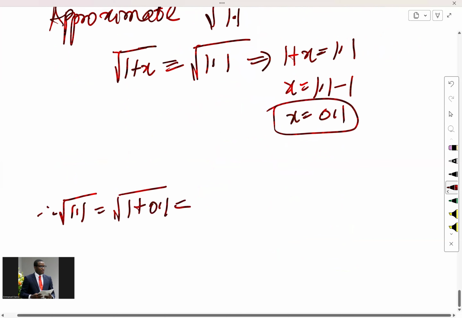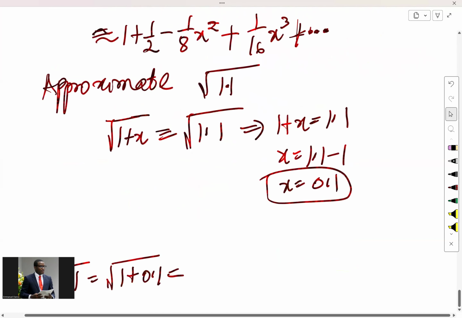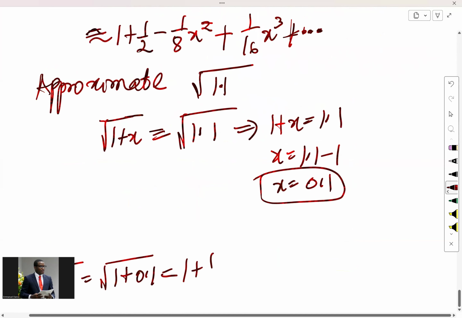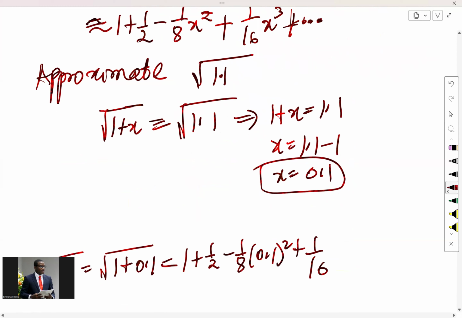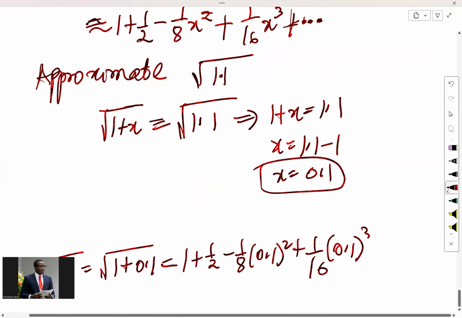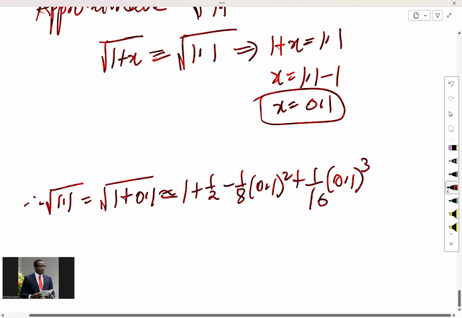So you can now use the expansion. If you use the expansion and put 0.1 everywhere, you have 1 plus 1 over 2 times 0.1, minus 1 over 8 into 0.1 squared, plus 1 over 16, 0.1 raised to power 3, like that. And of course, it's an approximation here, don't forget.